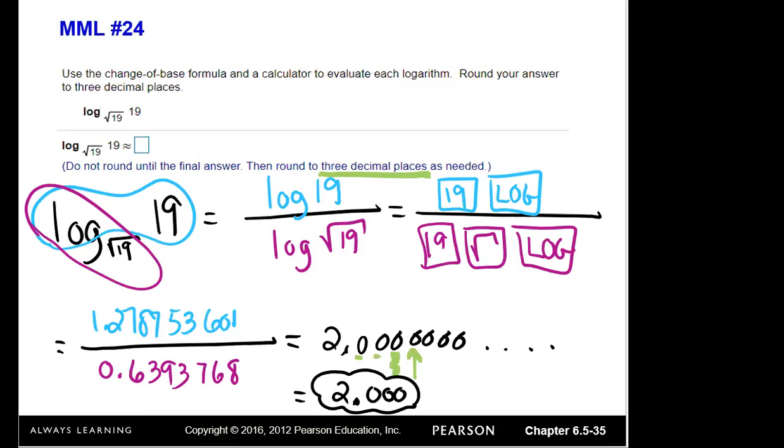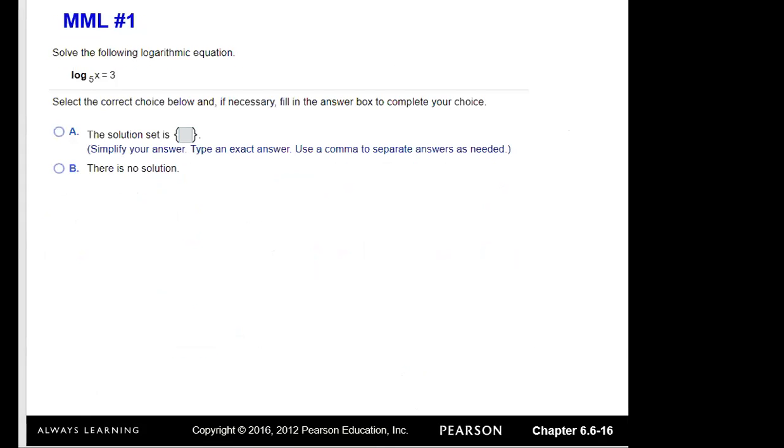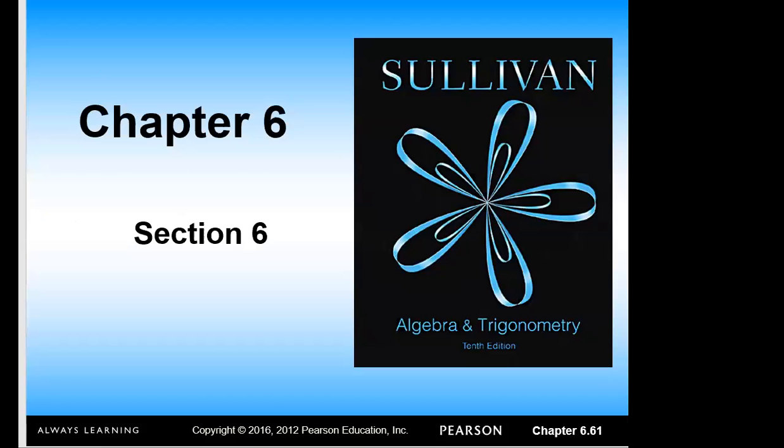No, we don't. All right, so that finishes up 6.5. You guys got any questions before I jump over to 6.6? All right, take that as a no. Let's see, 6.6.